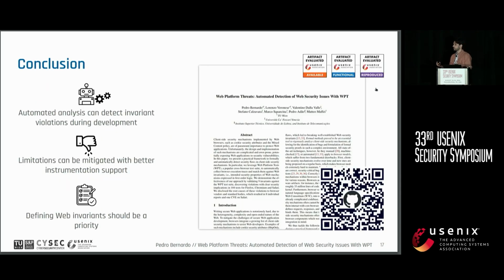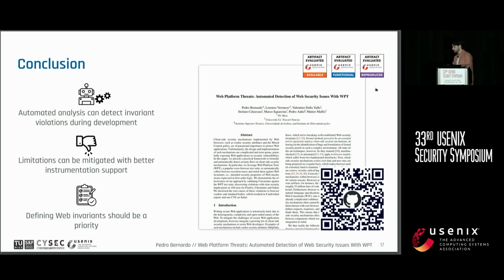So we propose a lightweight approach to invariant verification that can be easily integrated in today's browser compliance test pipelines. We show that in conjunction with web invariants and automated analysis, it can detect invariant violations during development, so before they actually reach production.